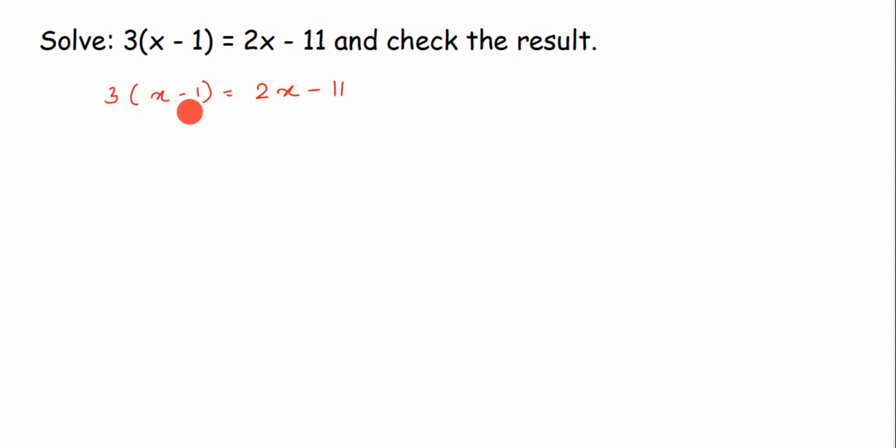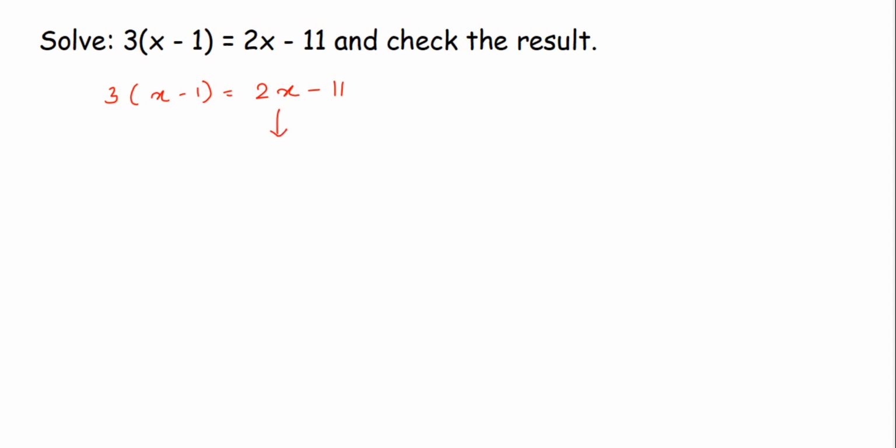So how to solve this? You can see that we have a 3 outside the bracket. Now this is 3 times, like you're multiplying 3 by the numbers inside this bracket. Whenever you don't see any sign between 3 and the bracket, that means multiplication. For multiplication we don't put a sign there. Like in this case you have a 2x, right?